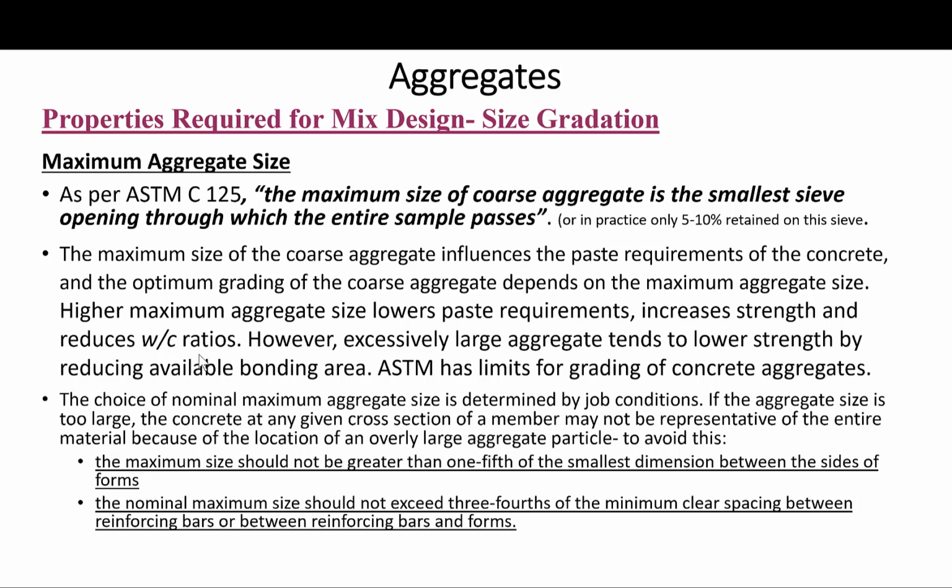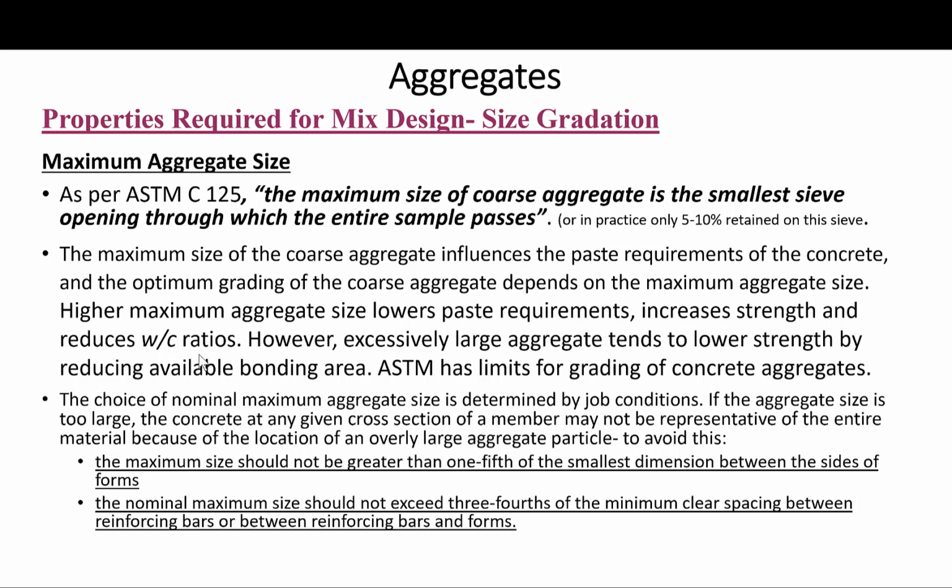In practice, however, it is considered that if only a small amount of aggregate is retained on a sieve, it will not significantly affect the properties of the concrete, with 5 to 10%. So it is usual to use a nominal maximum size, which is the smallest sieve opening through which the entire sample is permitted to pass, but need not do so.